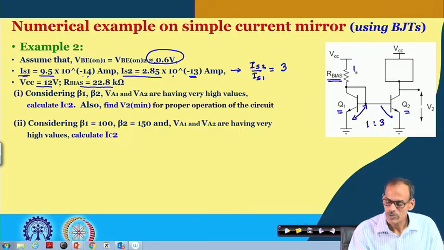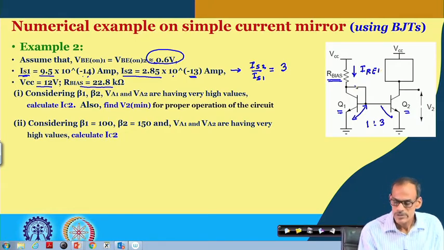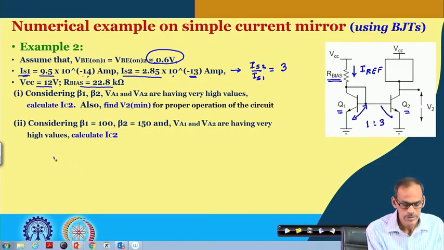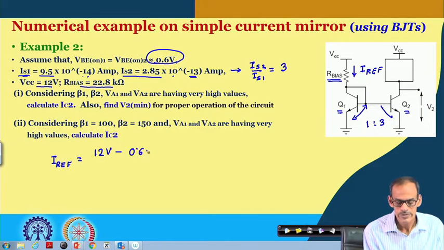But before that we need to find the reference current itself, I reference. To get this I reference current, I reference is equal to 12 volt VCC minus VBE on of 0.6 volt divided by 22.8 kilo ohms.